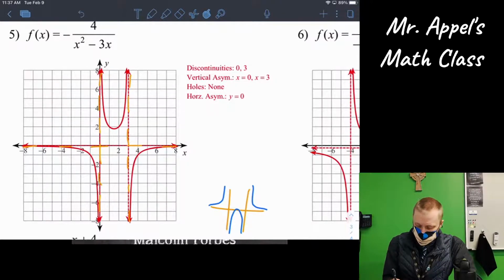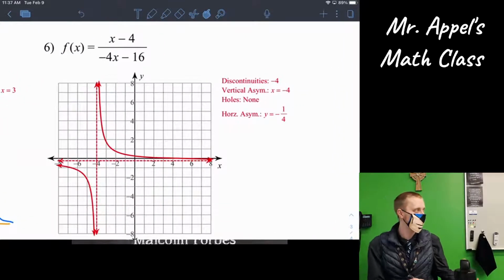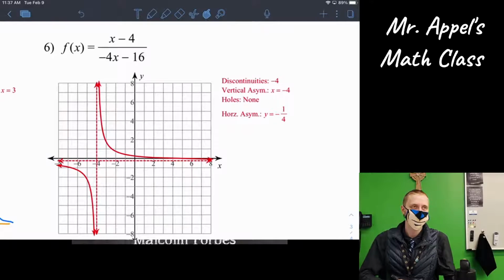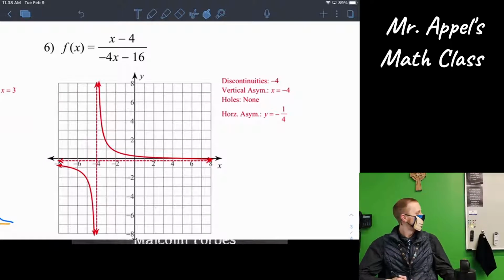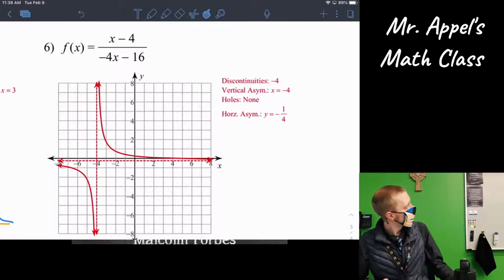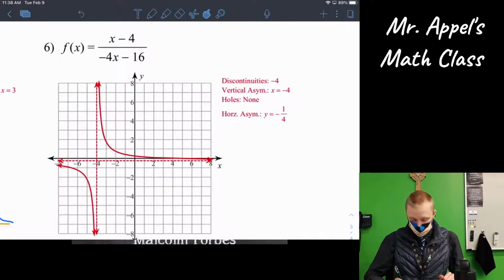All right, seeing none, here then is number 6, with just the one vertical asymptote. We are being treated to the guided tour here. Not a problem, we're just going over the answers. Okay.